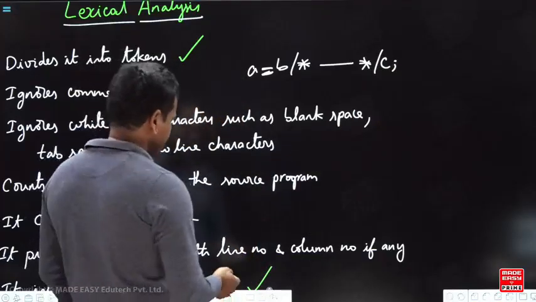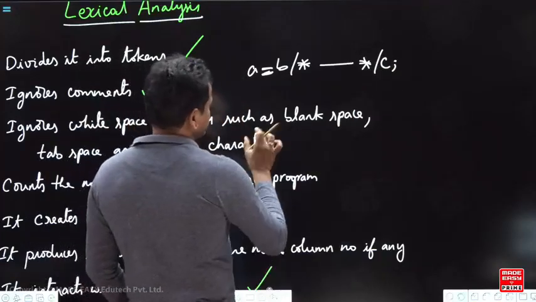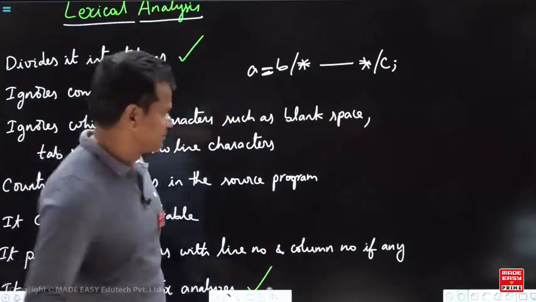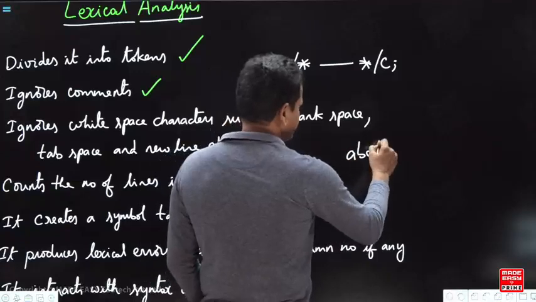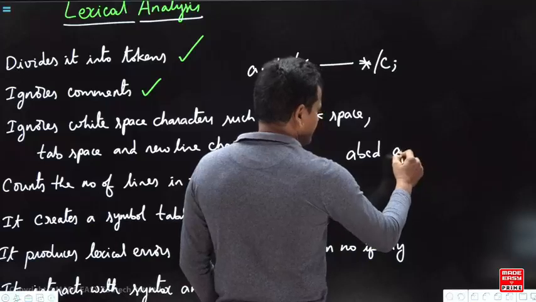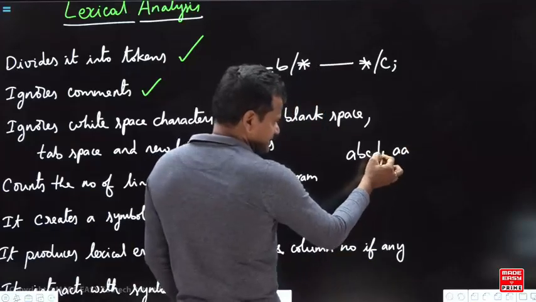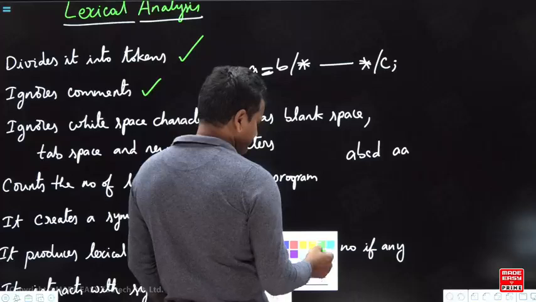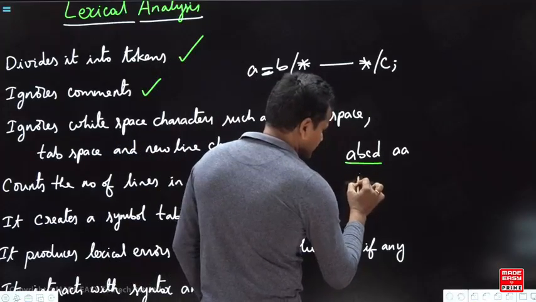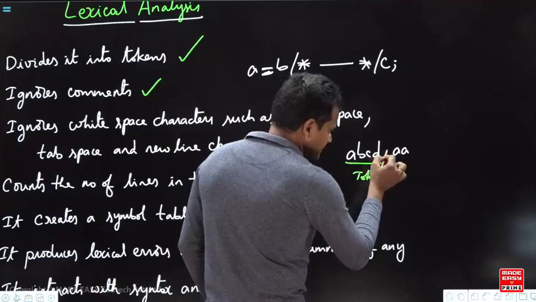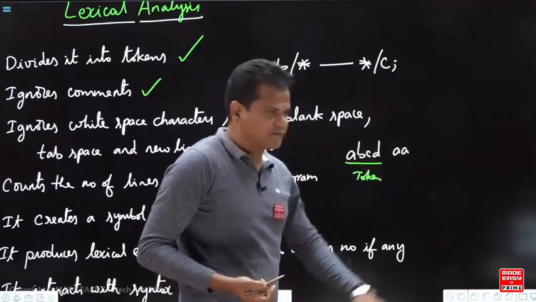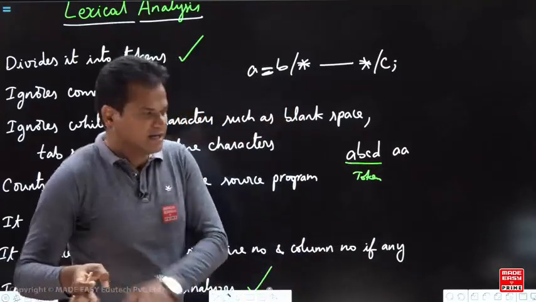Here, if you give white space, meaning blank space, whenever a space comes, it indicates that until here it is one token, and the next group of characters is a different token from the previous one.